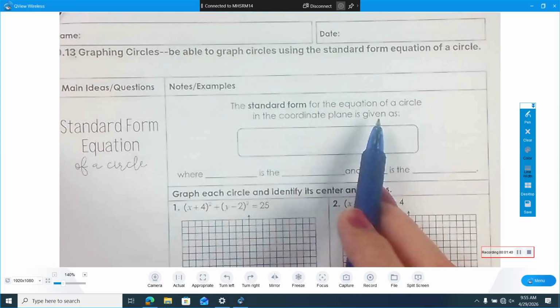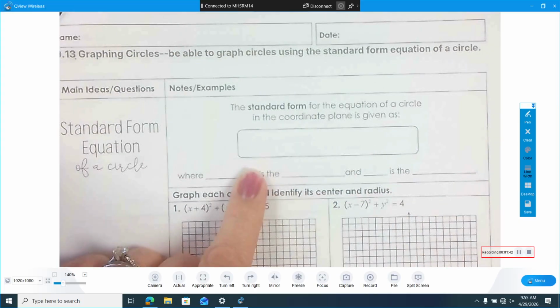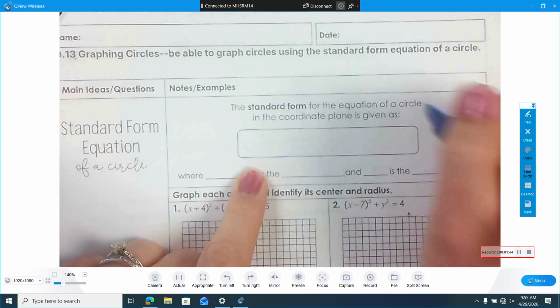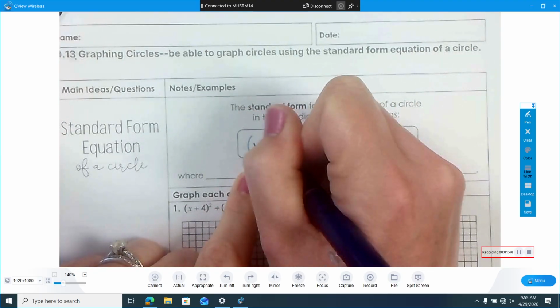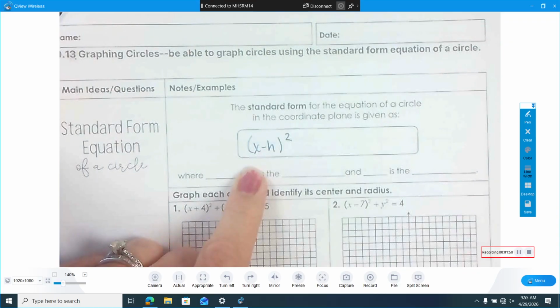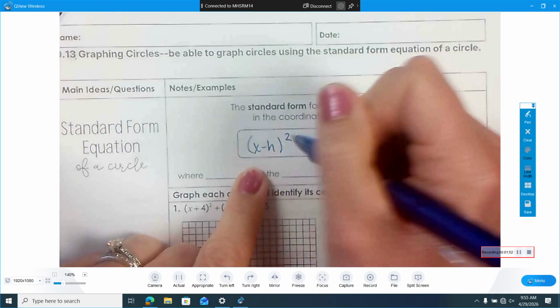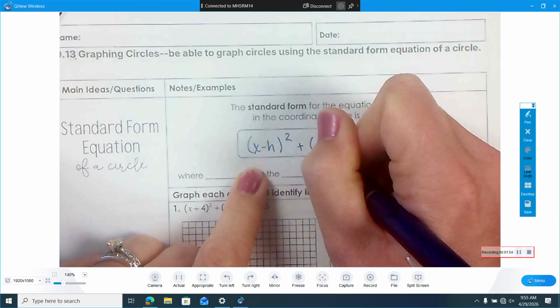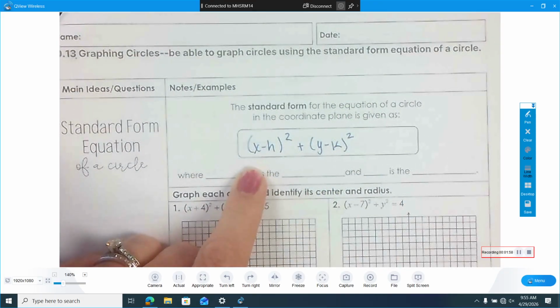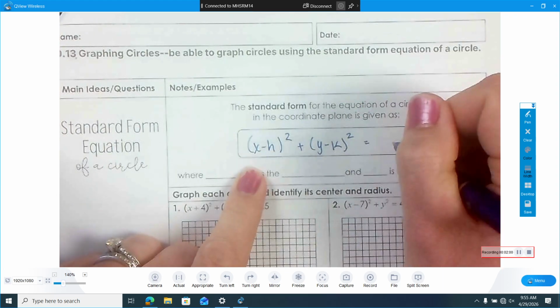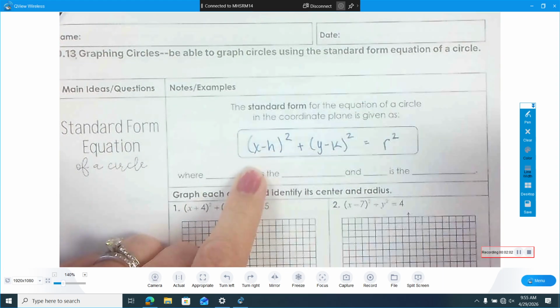The standard form of an equation of a circle in a coordinate plane is (x minus h) squared plus (y minus k) squared equals radius squared.